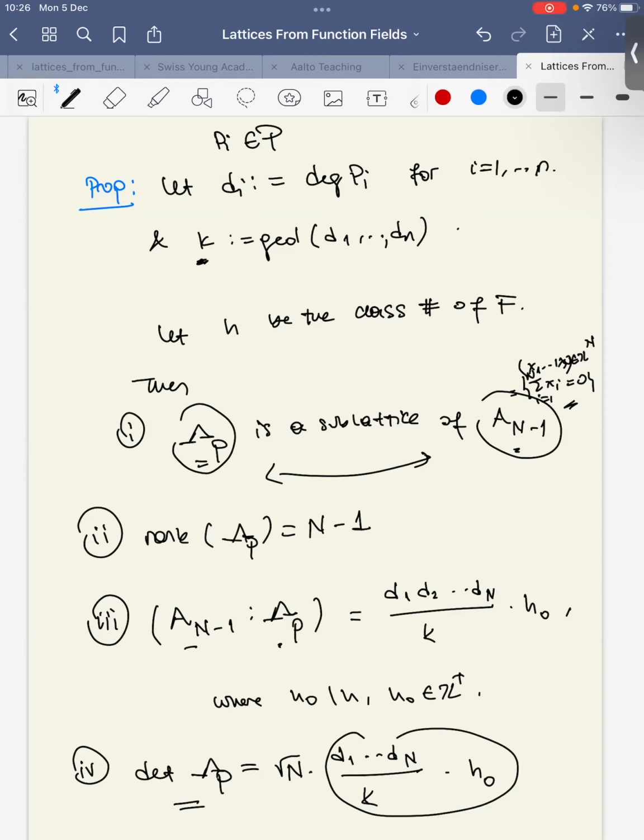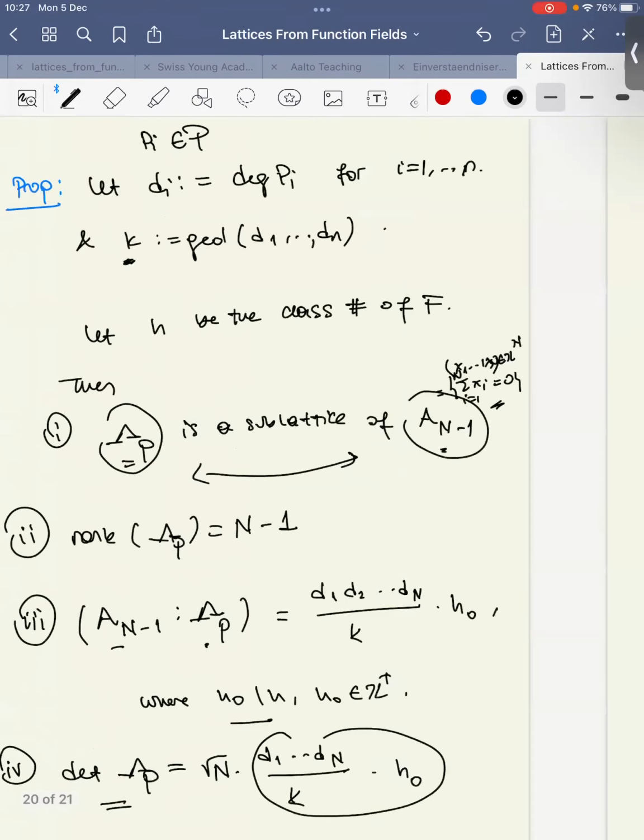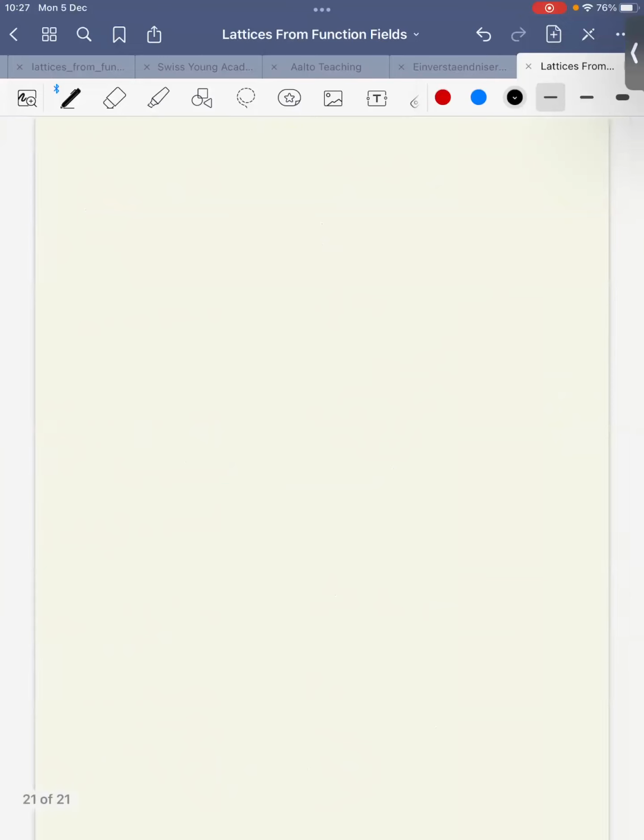Again, h_0 is a positive integer which divides the class number. So let's investigate the first two items in this video, and then I will give the proof, or at least a sketch of the proof, for the third and the fourth.